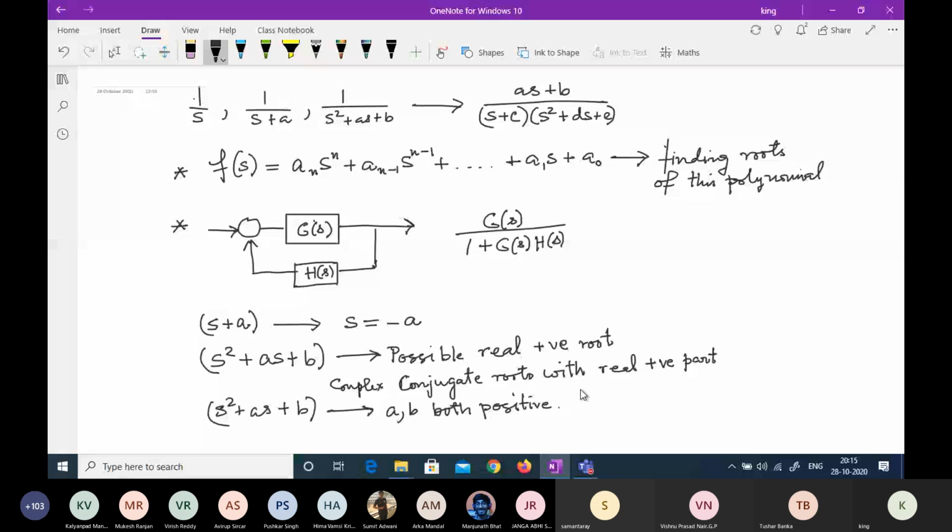In that case, consider, for instance, something like S square plus S plus 1 equal to 0. So what will you get? You will be getting S equal to.